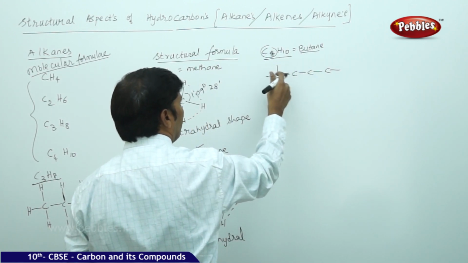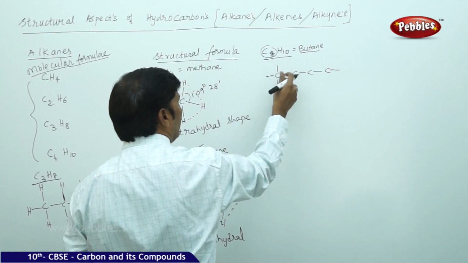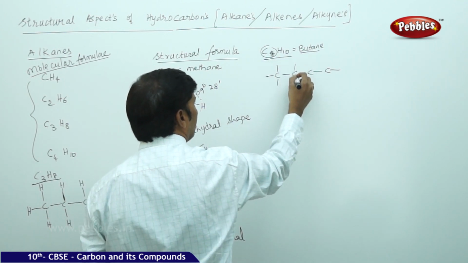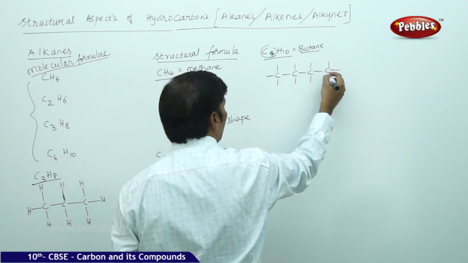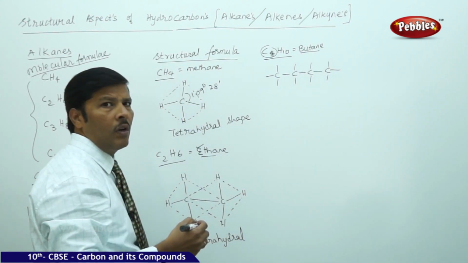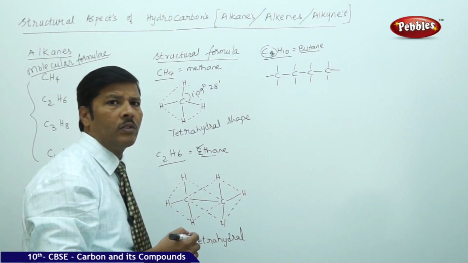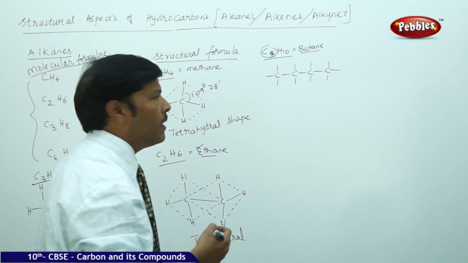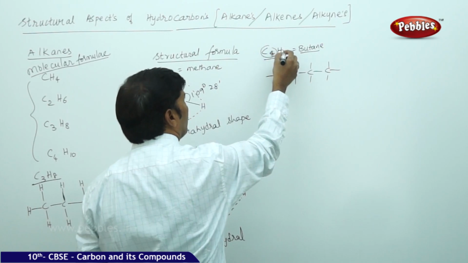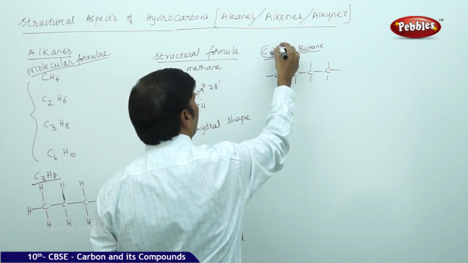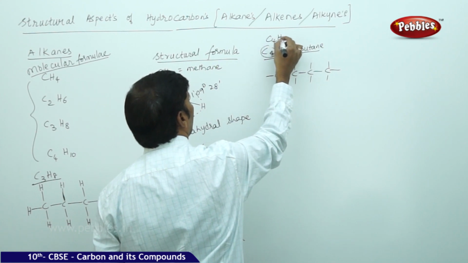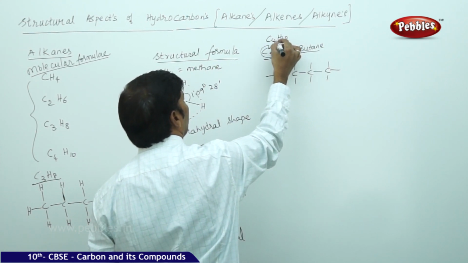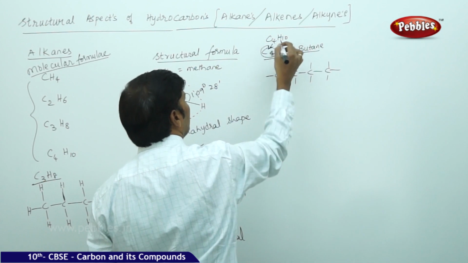First carbon is tetravalent, so 1 2 3 4. Second carbon again tetravalent, 1 2 3 4. Third carbon again tetravalent, fourth carbon also tetravalent. This is called the skeleton of the carbon, and it is giving a straight chain. Then you also check the total number of hydrogens. The molecular formula is C4H10, with 4 carbons and 10 hydrogens.